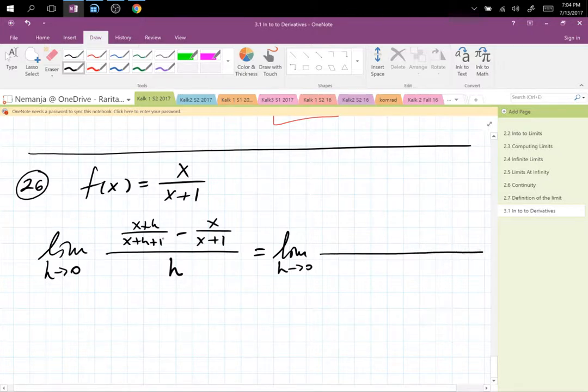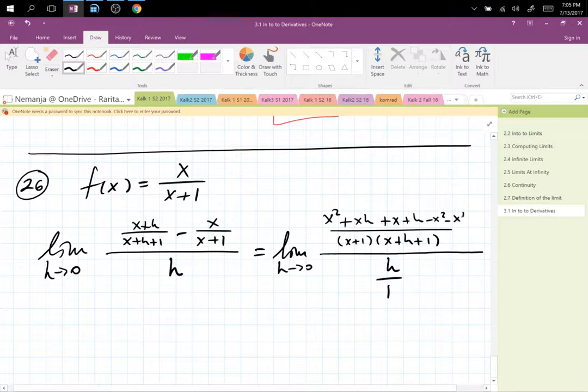Now when we cross multiply, the common denominator is x plus 1 times x plus h plus 1, over h over 1 to make it easier. Now we have to FOIL: it's x squared plus xh plus x plus h, and then minus x squared minus xh minus x.